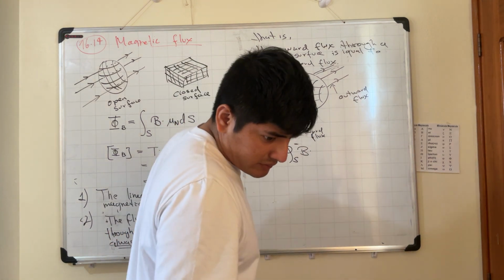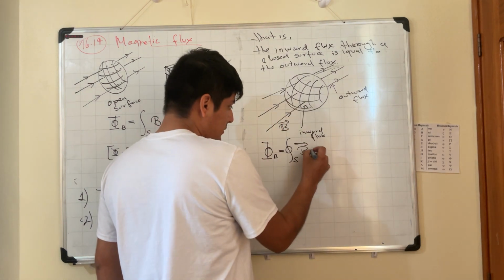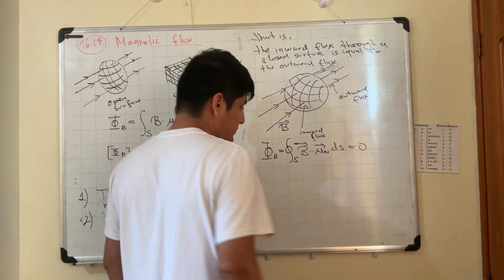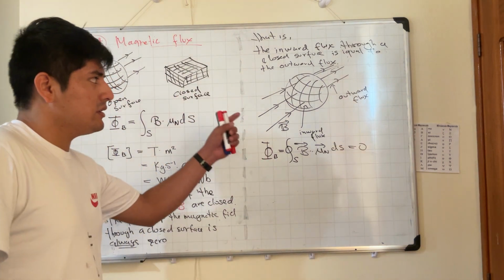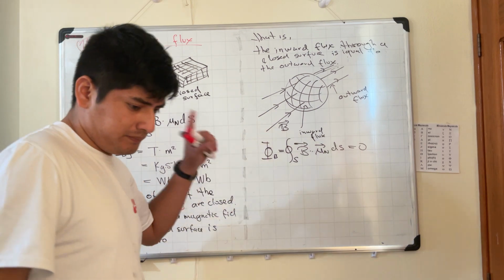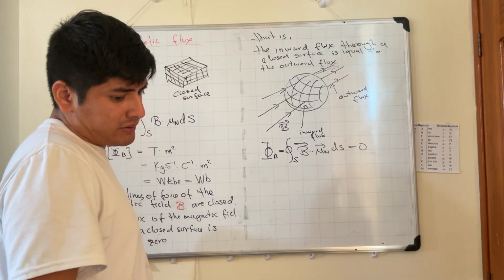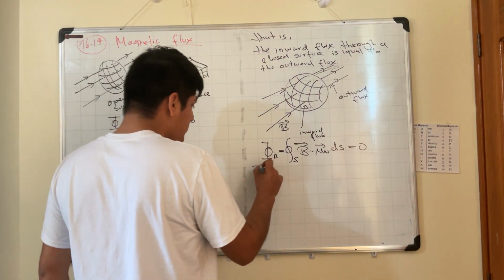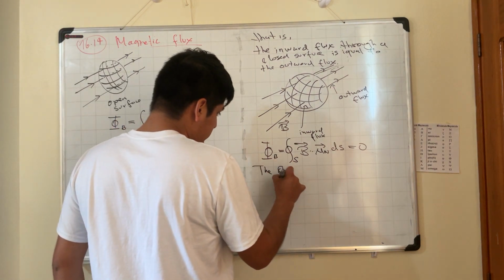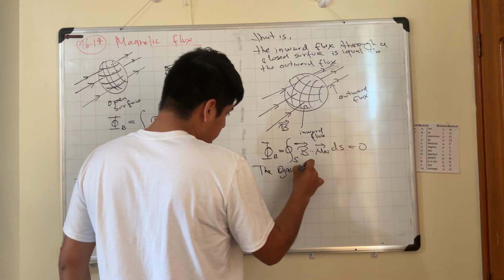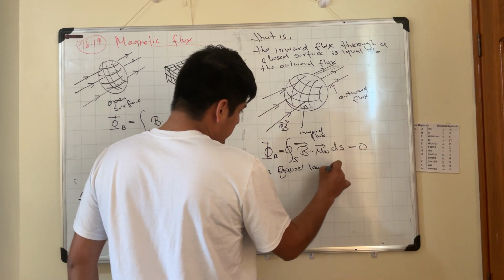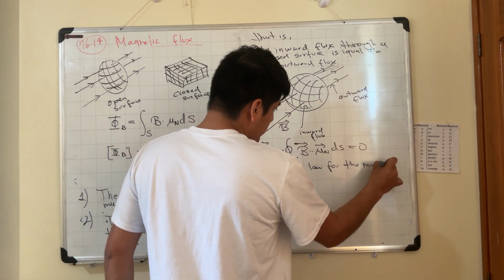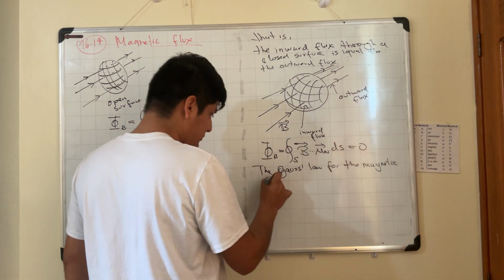The integral of B times n dS is equal to 0. So the result is called the Gauss law for a magnetic field.